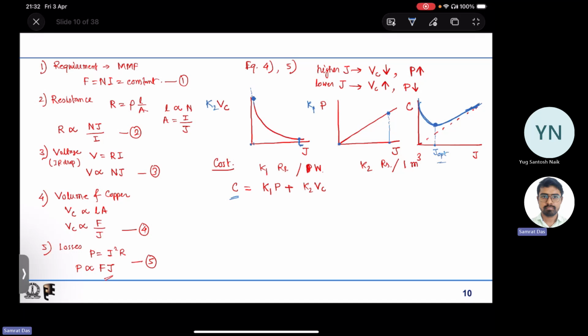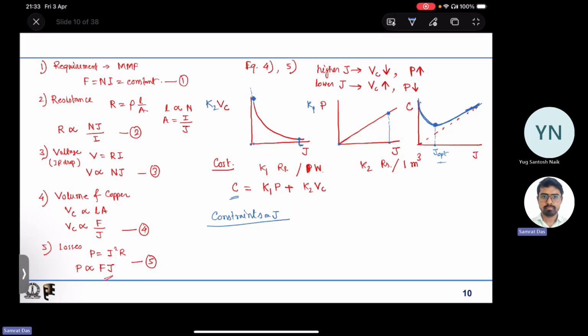Now, are there constraints? These are the different conditions that I have discussed. Now we have to discuss the constraints on j. Obviously our current density should not be very high and should not be very low. They are decided by two factors.